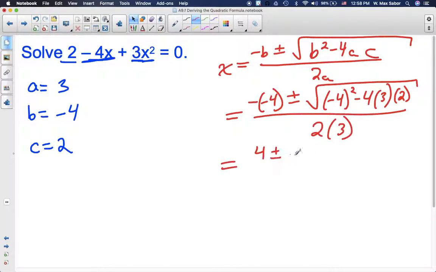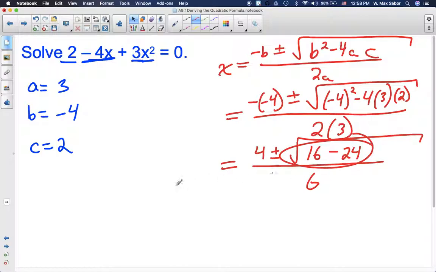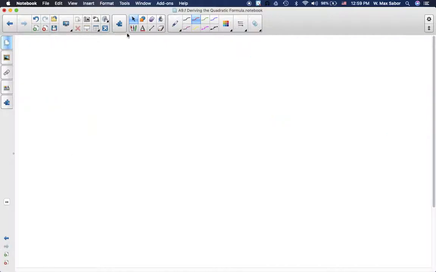So 4 plus or minus the square root of 16 minus 4 times 3 is 12 times 2 is 24. Ooh, this is negative, so again we're going to have no solution. If we ever get a number underneath the square root, underneath the radical that is negative, we're going to say no solution. Let's do one more just for fun.